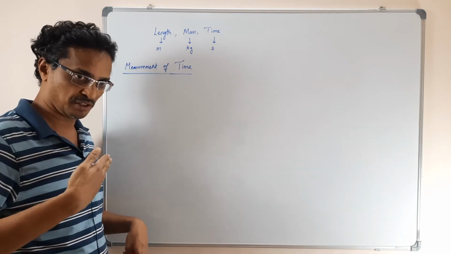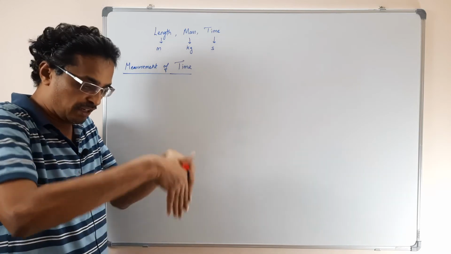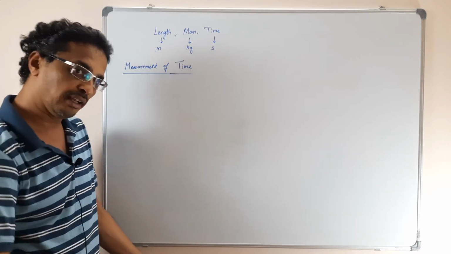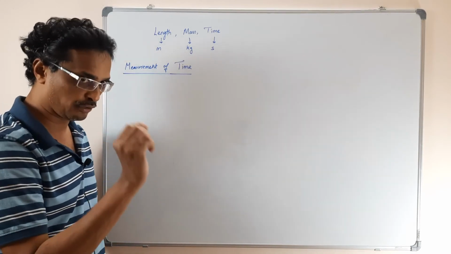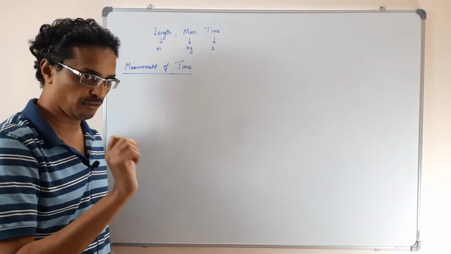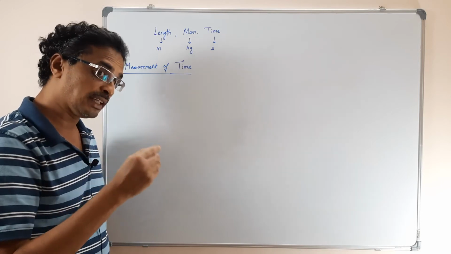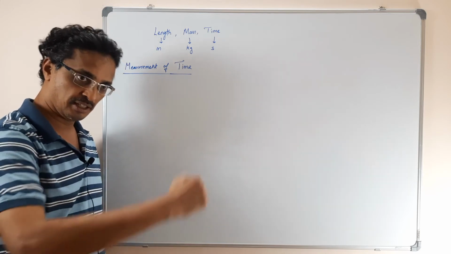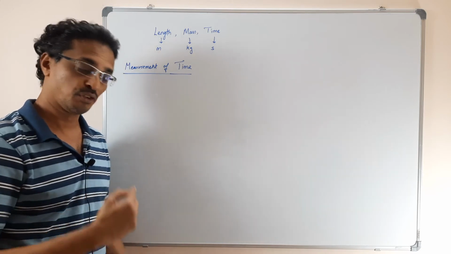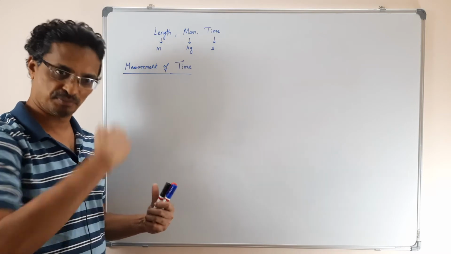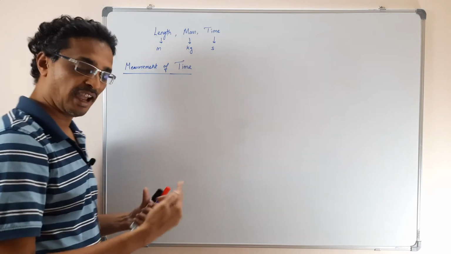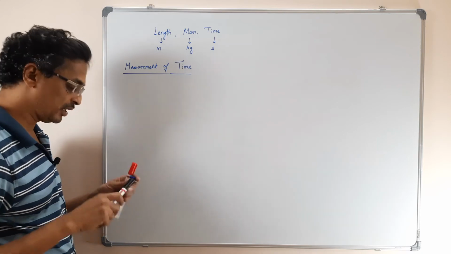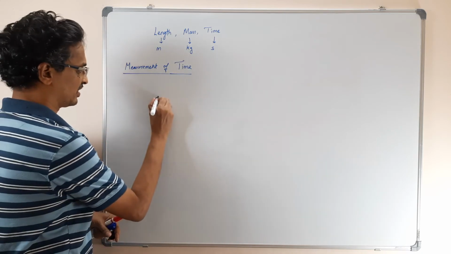The earth makes a rotation. It won't be exactly 24 hours, there will be a slight change day to day, so they take a mean of it. That 24 hours is called a solar day, and that mean solar duration is your 24 hours.